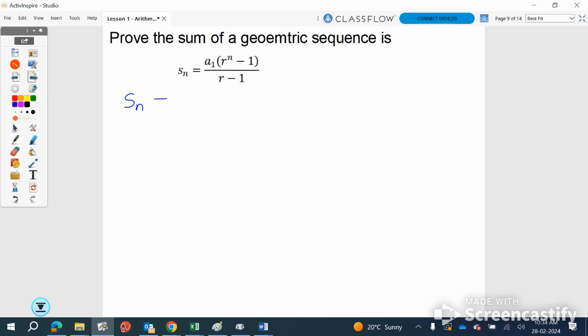What is the first term in this sequence? A1. What is the second term in the sequence? A2. Can we define that in terms of A1? A1 times R. What is the third term in the sequence?